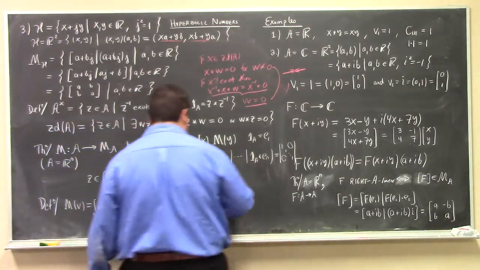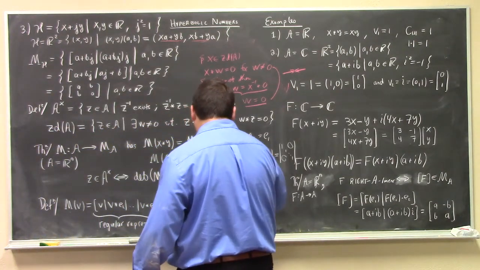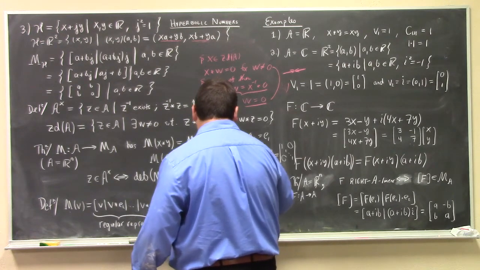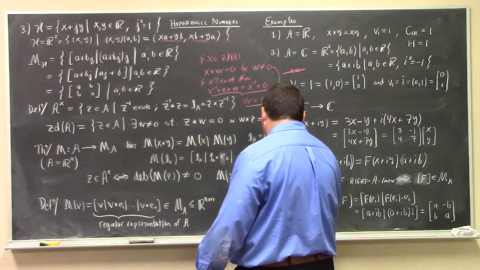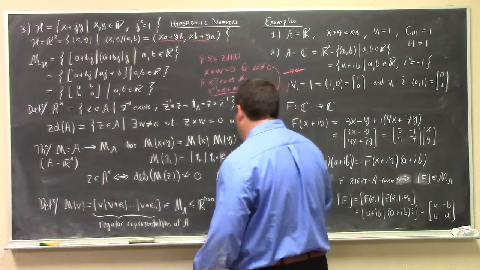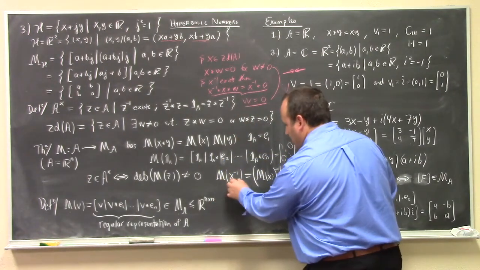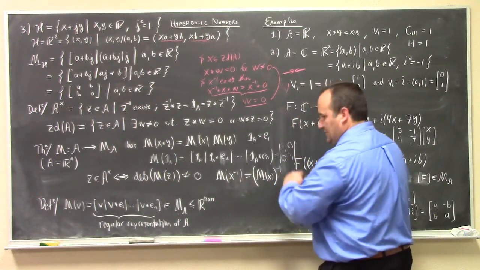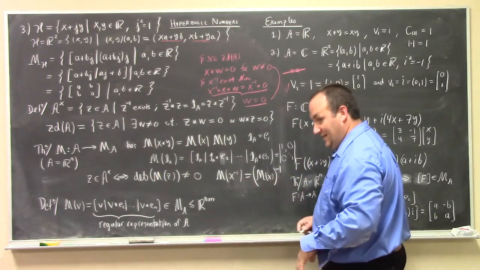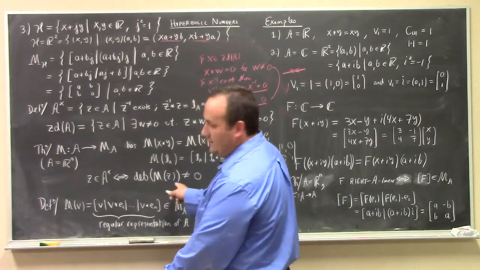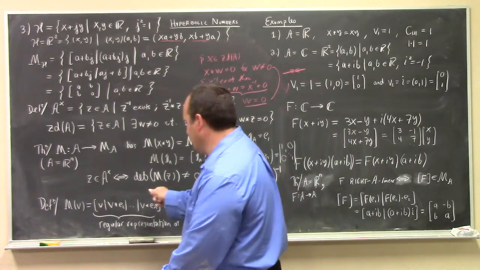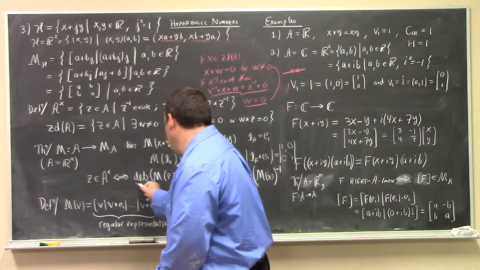What I'm saying is that M of X inverse is equal to M of X, inverse. This is inversion in the algebra. This is matrix inversion, which we have calculational techniques for. So we already know what an arbitrary regular representation looks like, right?